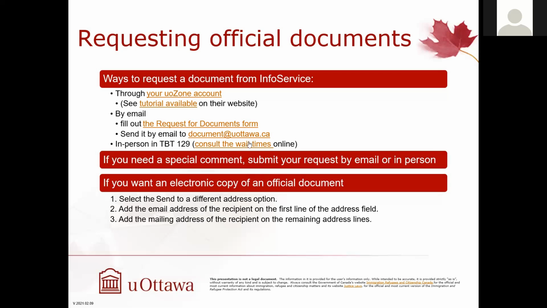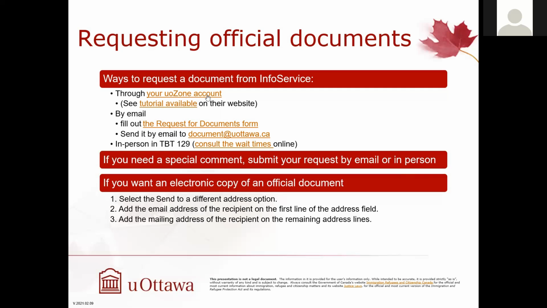I put a link here so you can see what the wait times are like, which can be helpful. If you want a special comment, like I just mentioned, so let's say you want the date that enrollment opens, or a comment that confirms what year you're in, then you need to submit your document request either by email or in person.